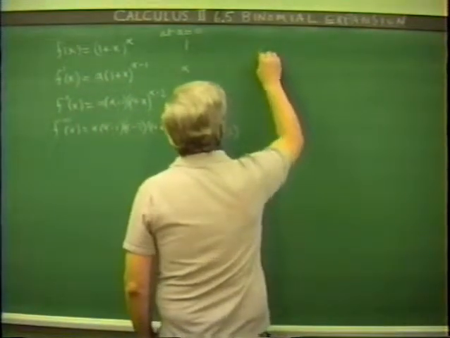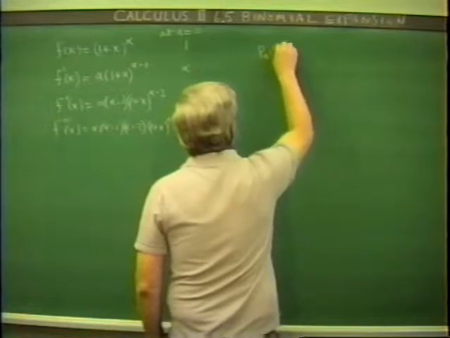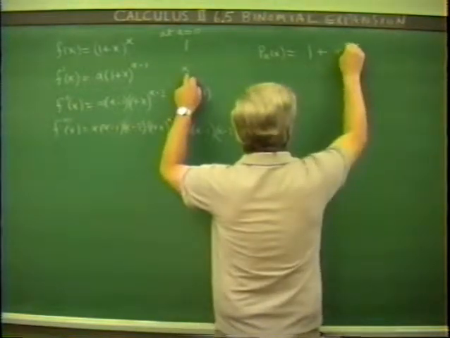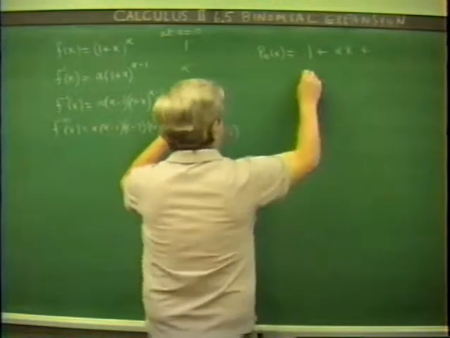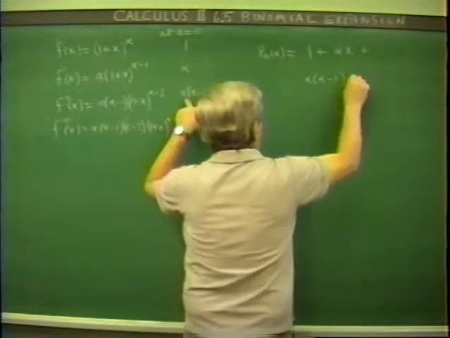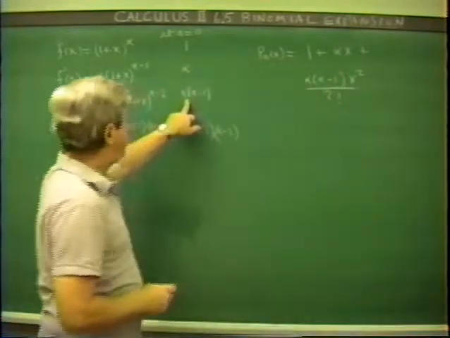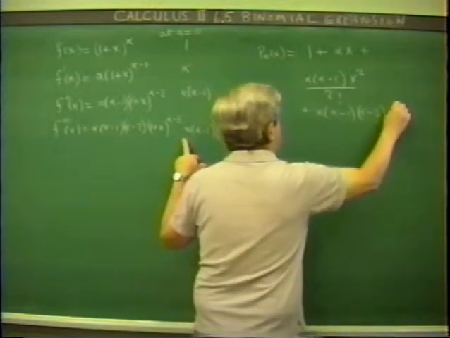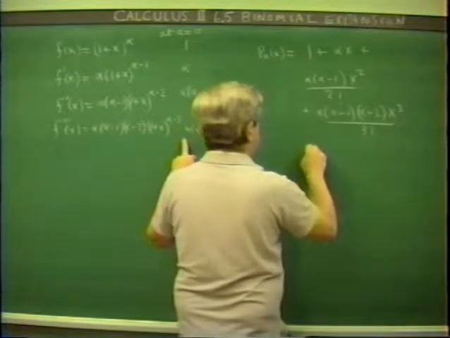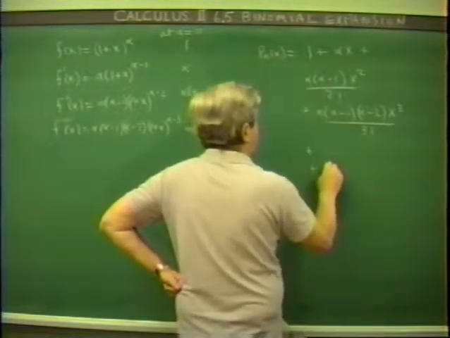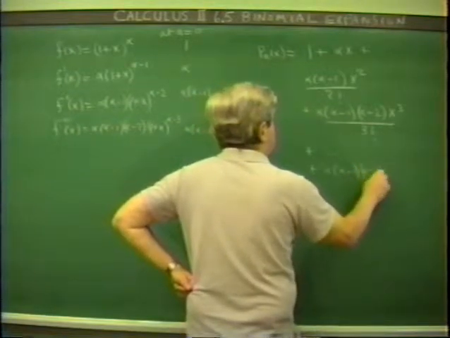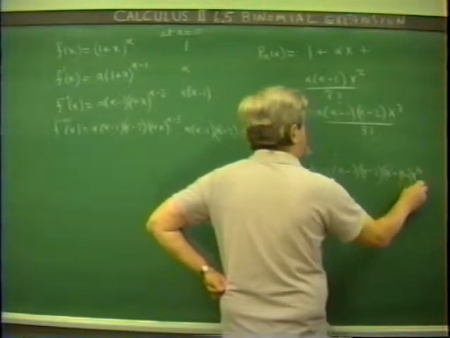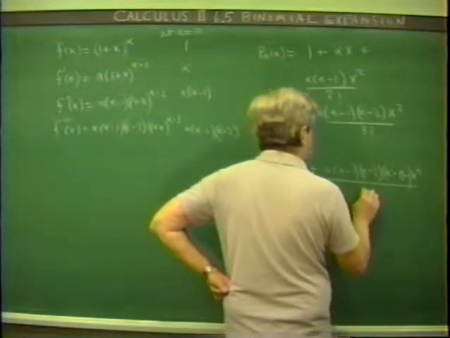So for a Taylor polynomial, we're going to get p of x is equal to 1 plus alpha x, plus the next term, alpha times alpha minus 1, x squared over 2 factorial, plus alpha times alpha minus 1 times alpha minus 2, x cubed over 3 factorial, plus and so forth till we get down to alpha times alpha minus 1, alpha minus 2, up through alpha minus n minus 1, x to the n over n factorial.